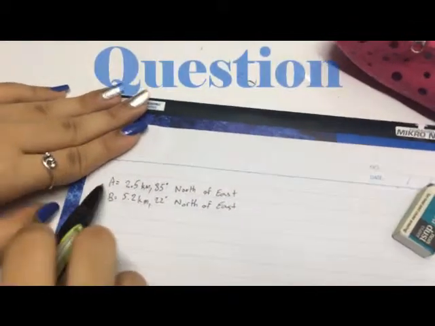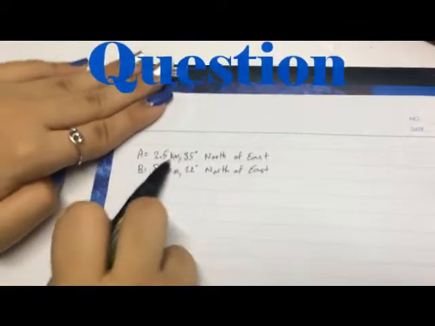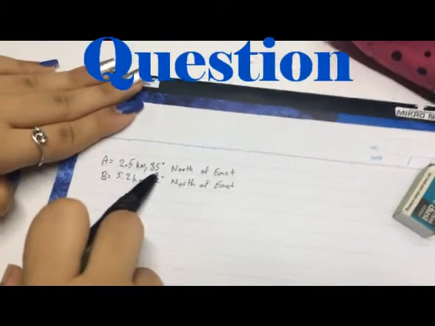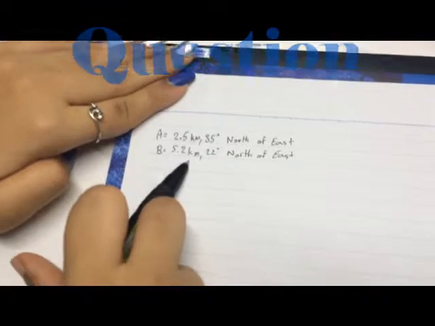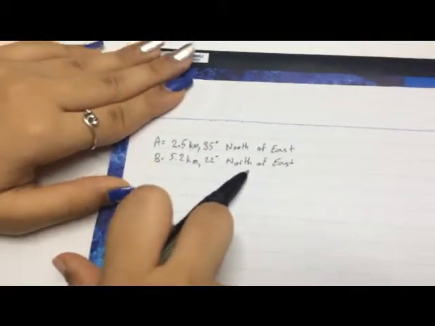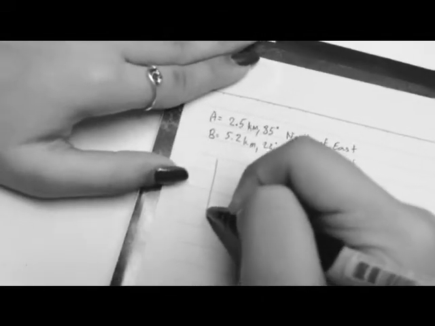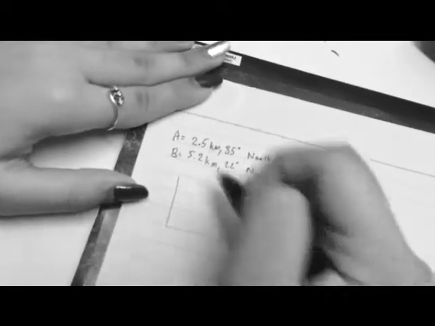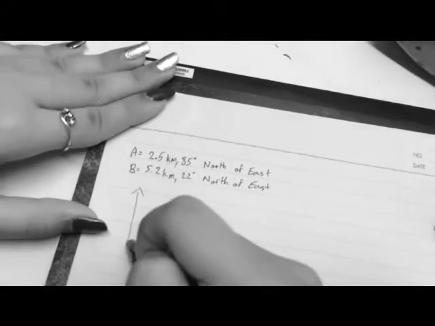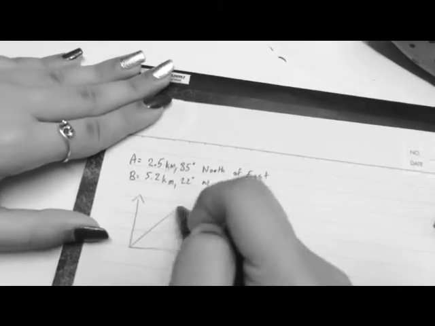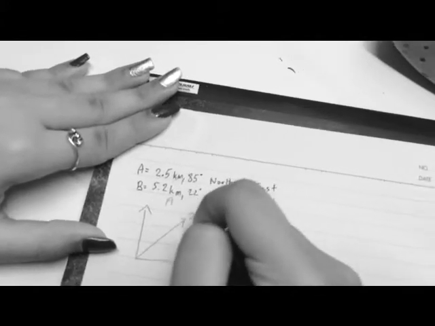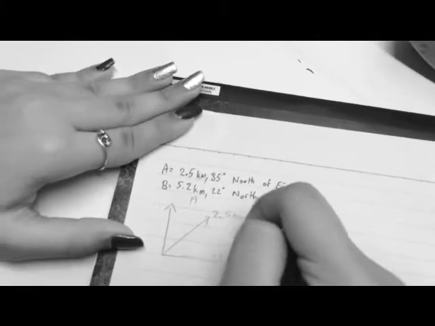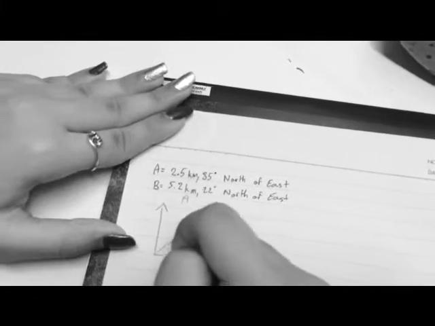that I have, which is line A equals 2.5 kilometers, 35 degrees north of east, and line B equals 5.2 kilometers, 22 degrees north of east. So the first step that we have is we will draw the x and y axis, and I have my line over here, which is line A, which is 2.5 kilometers, 35 degrees north of east.